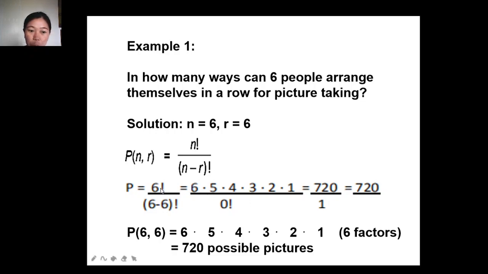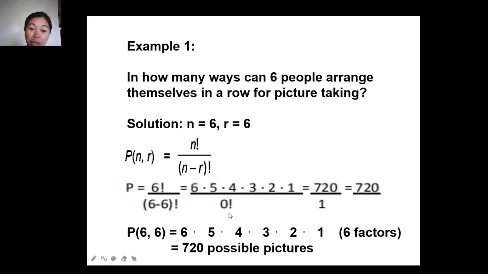So, that is how to simplify factorial. Then, in your denominator, subtracting 6 and 6 gives us 0. So, for 0 factorial, the answer is always 1. Remember, the value of 0 factorial is always 1. So, if you're going to multiply the factors in the numerator, 6 times 5 times 4 times 3 times 2 times 1, the answer is 720.